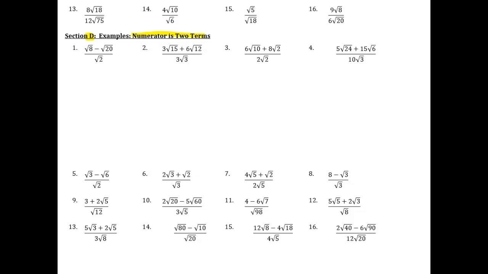This is root 8, that's root 20. Can't subtract them. Okay, but this is all over root 2. I could take the root 2 and divide into both of these, but it has to go into both. If it can't go into both, then you can't divide. So 2 divides into 8 leaves me with 4. 20 divided by 2 is 5.